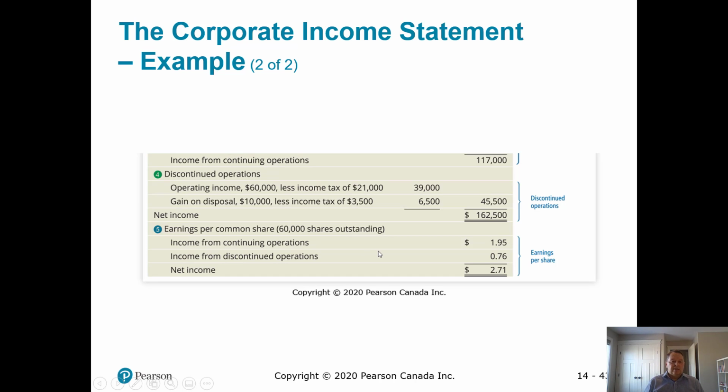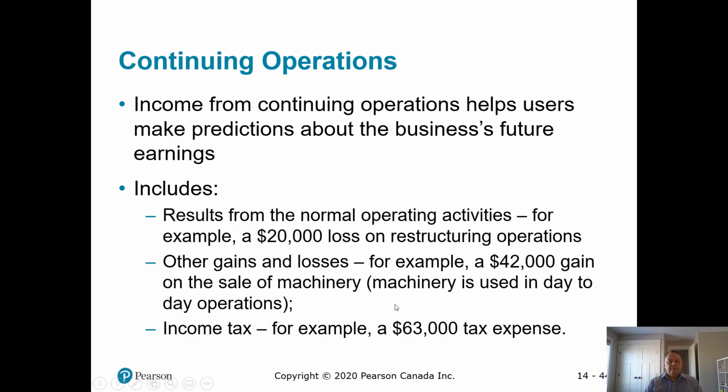So what it tells us is per share how much profit we made, and that's something we can compare amongst other companies. Now, continuing operations help users make predictions about the business's future. So it tells us that continuing operations we expect to see in the future, we expect it to happen the next year and the next year.